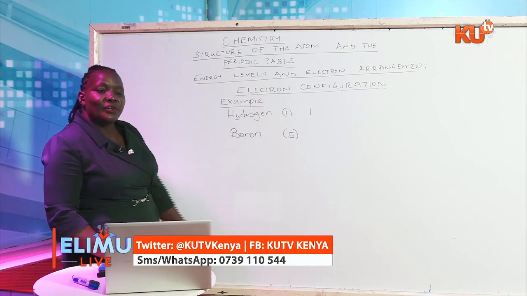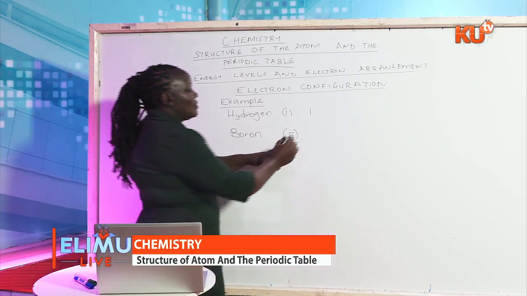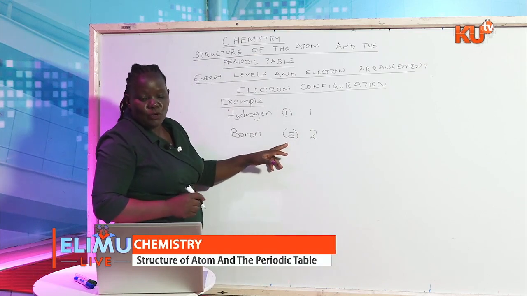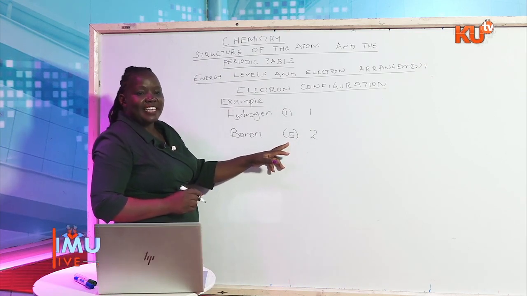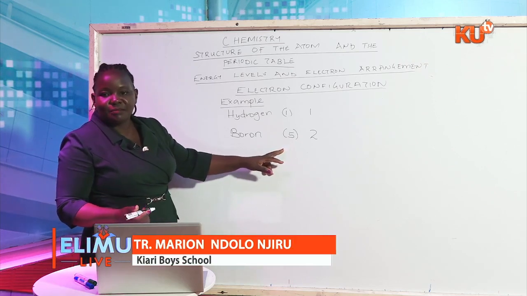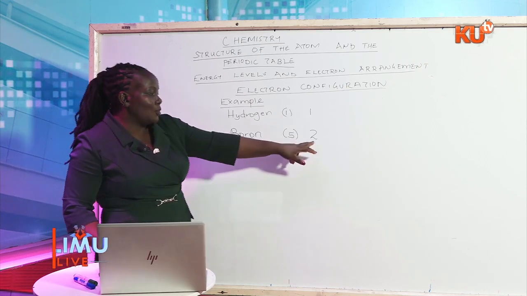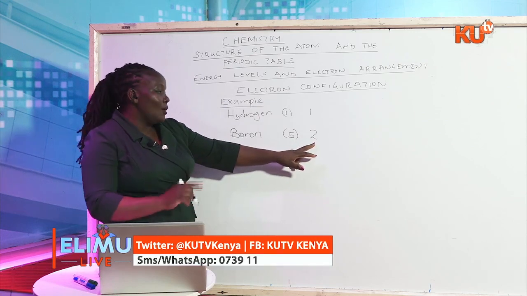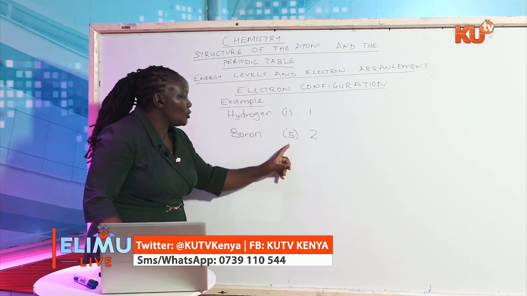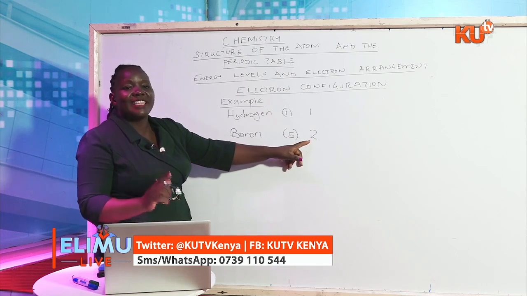Because boron has 5 electrons, 2 of the electrons will be held in the first energy level, because the first energy level can only accommodate a maximum of 2 electrons, so it must be full. If 2 electrons are accommodated in the first energy level, and we have a total of 5, then 5 minus 2, we are left with 3 electrons.